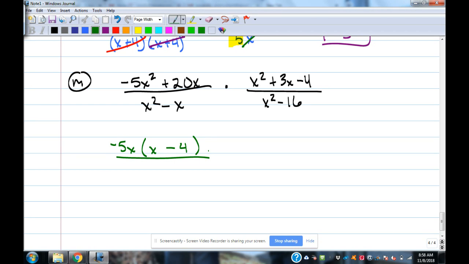All right, denominator, how's that factor? X, parentheses, x minus 1, good. Numerator over here, multiply to be negative 4, add to be 3.